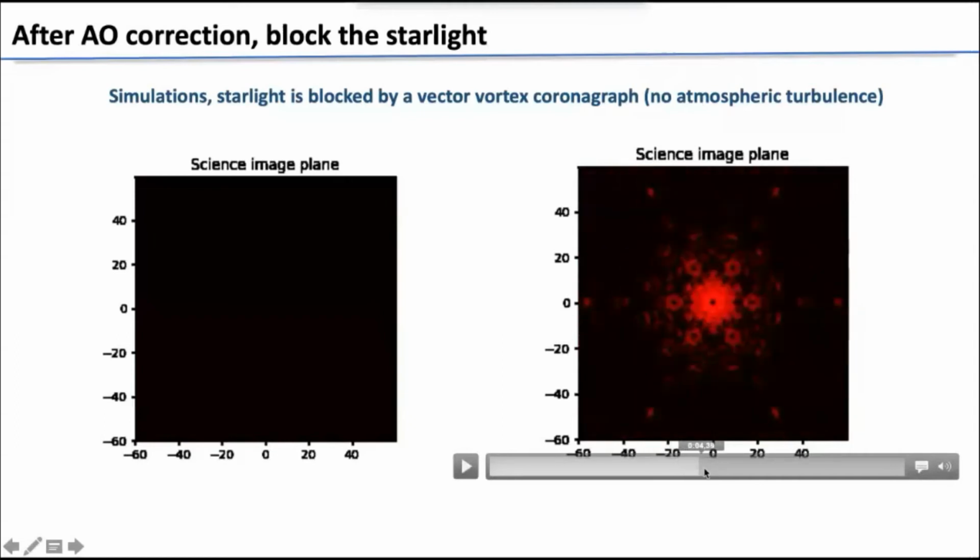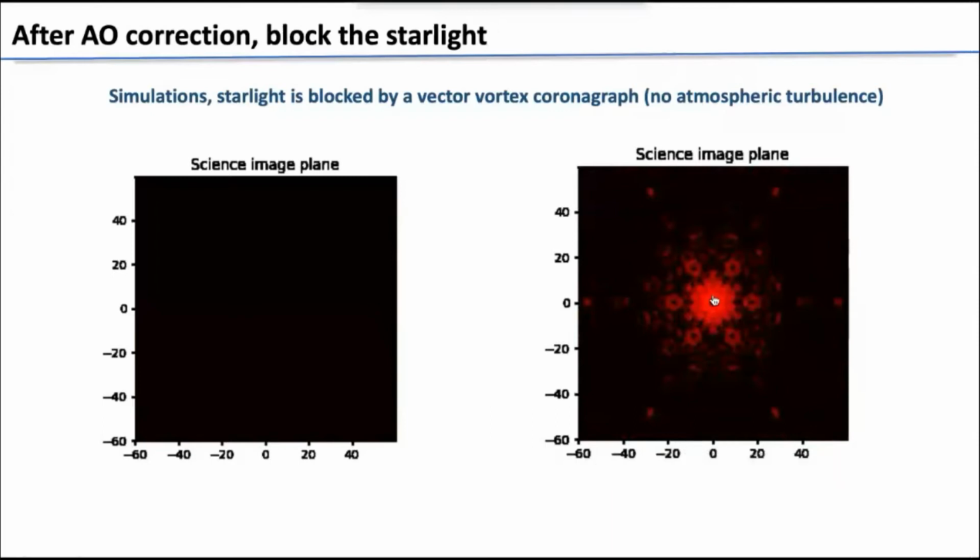But when you have a coronagraph, you still see some light, even though there is no atmosphere. The light of the star is not completely blocked because of the diffraction pattern. So this is something we cannot get rid of.